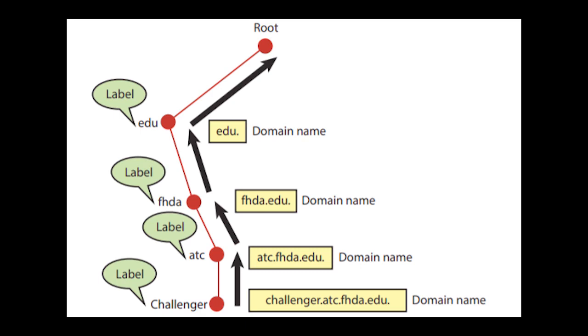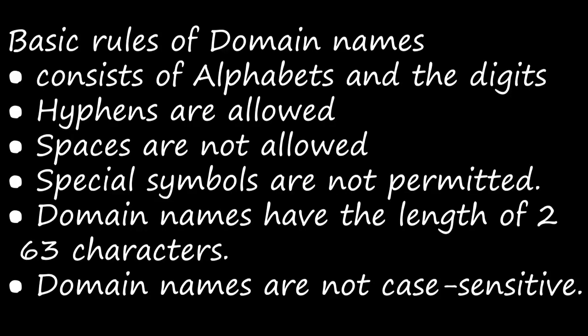Let's see the basic rules of domain names. A domain name can consist of alphabets, A to Z. It can have digits also, 0 to 9. But it must not have any space. It can have hyphens also, but a hyphen cannot come at the beginning.